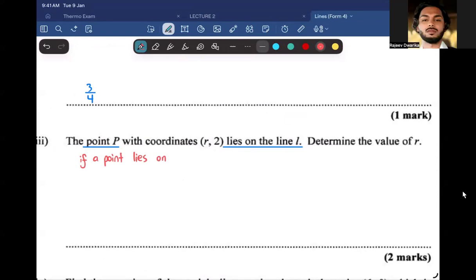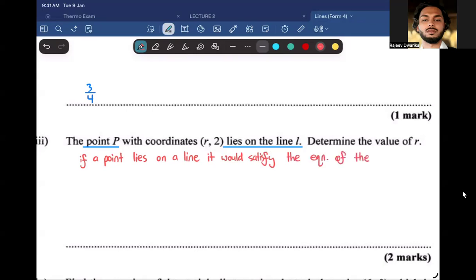It's a bad joke. If a point lies on a line, it would satisfy the equation of the line.